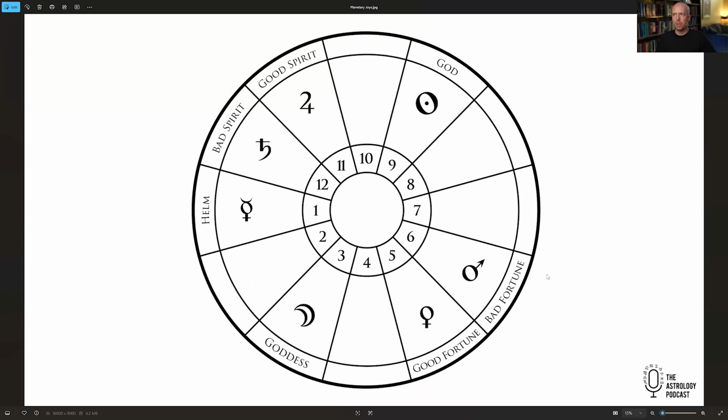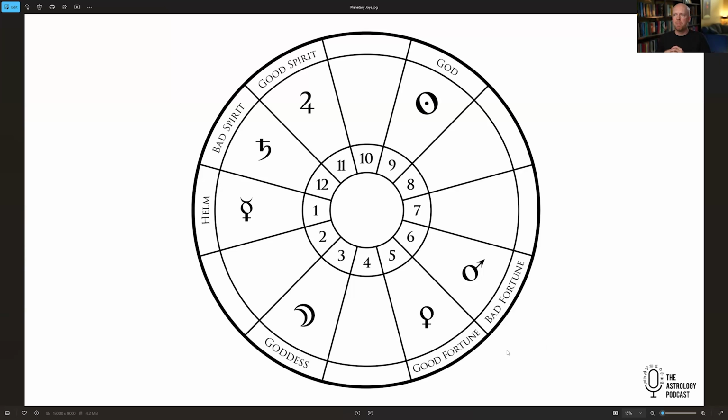And this text is the first text that we know of that used the names of the different houses, what became the standard names of the houses in the Hellenistic tradition, which is based on this planetary joys scheme that was widely reported by all later Hellenistic and Roman astrologers.